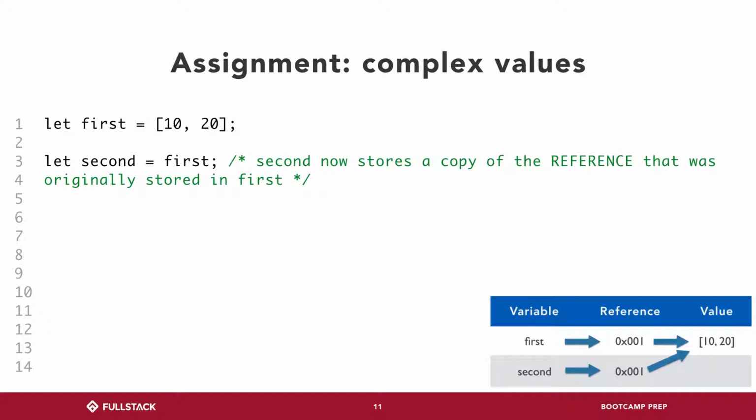So we look up first in memory. And first in scope is basically pointing to 0x01. So we say second is now equal to whatever first was, which is that memory address, 0x01. So that's what happens right here when we create space in the scope for the variable we know as second.